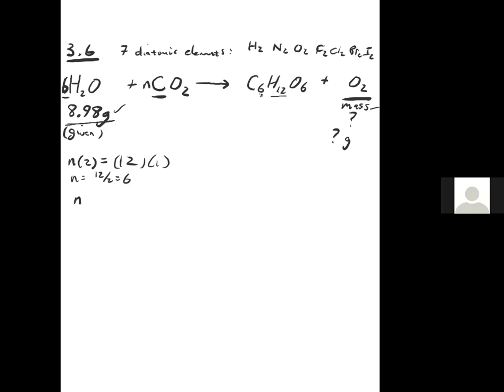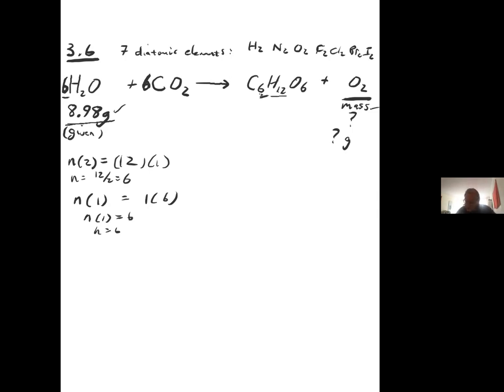So n times 1, which is a 1, not explicitly shown, is equal to 1 times 6. That's pretty simple. N times 1 equals 6, which means that n equals 6. So that's a 6 there. When you do glucose, it's a kind of cool balanced equation. You've got 2 6s there.